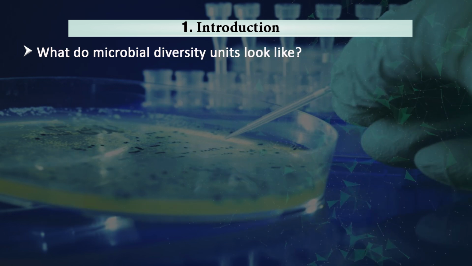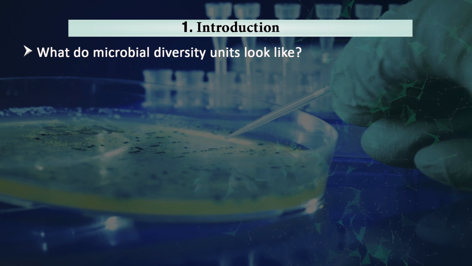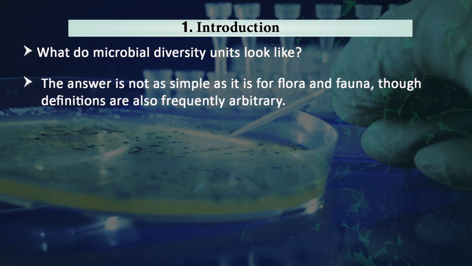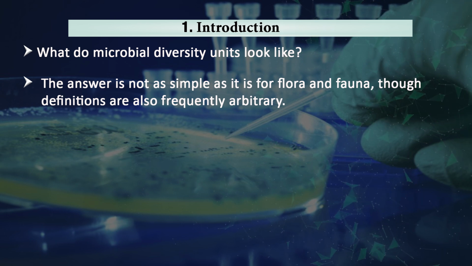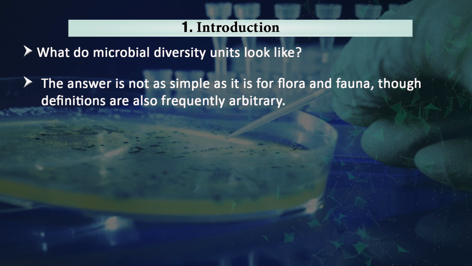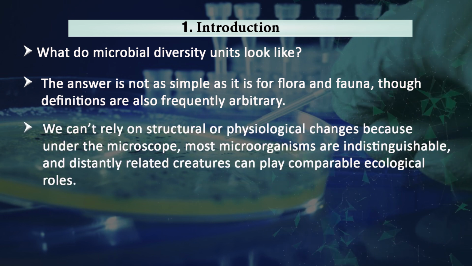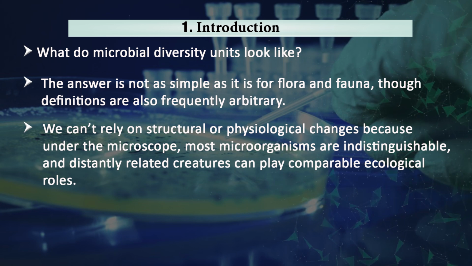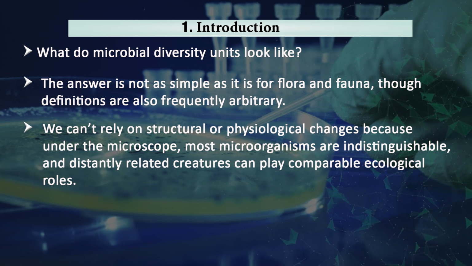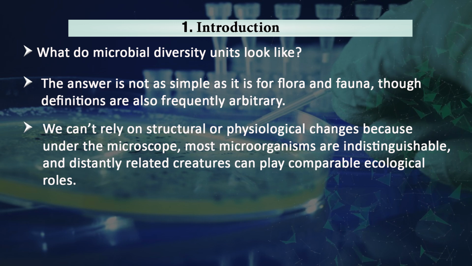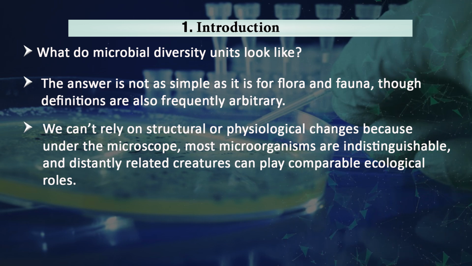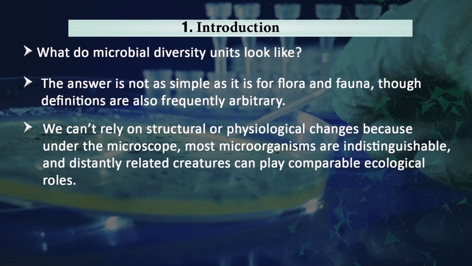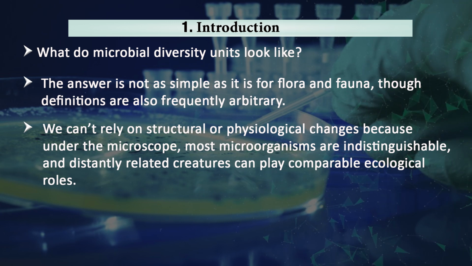So, what do microbial diversity units actually look like? The answer is not as simple as it is for flora and fauna, though definitions keep on changing. We cannot completely rely on structural or physiological changes, because under the microscope most microorganisms are indistinguishable, and distantly related creatures can play comparable ecological roles.